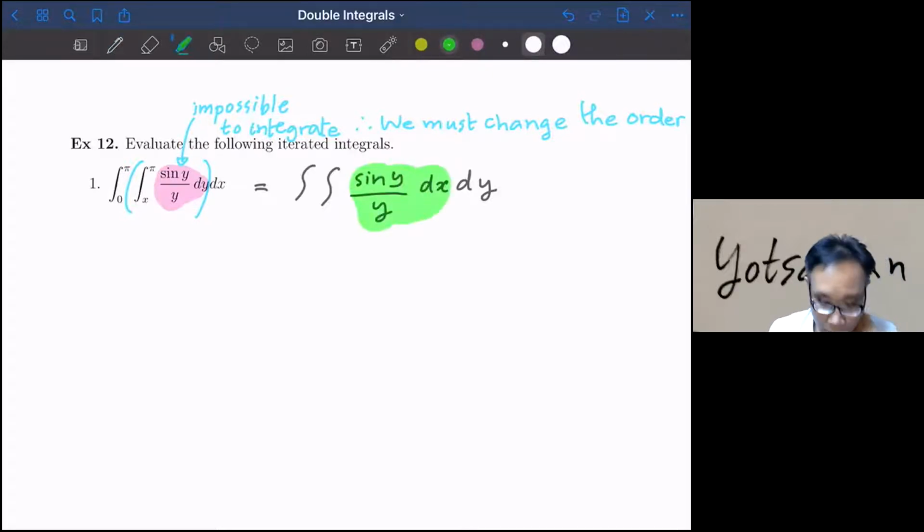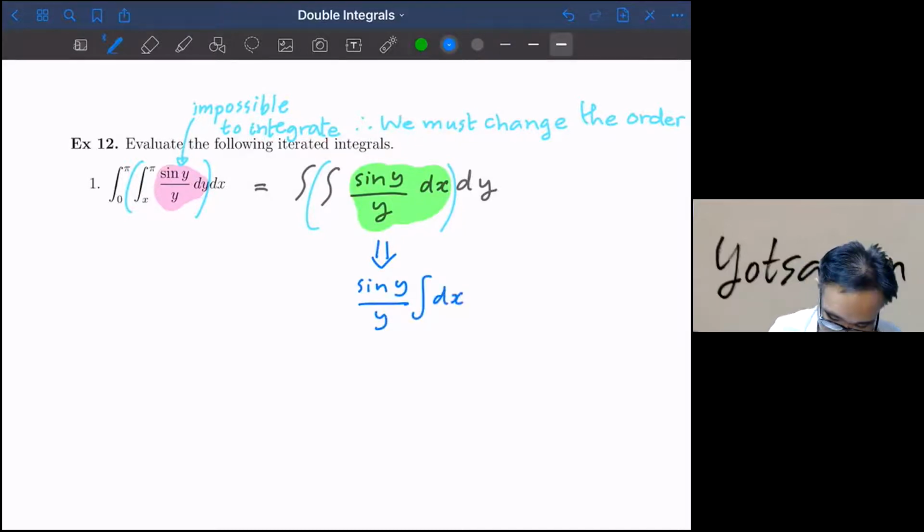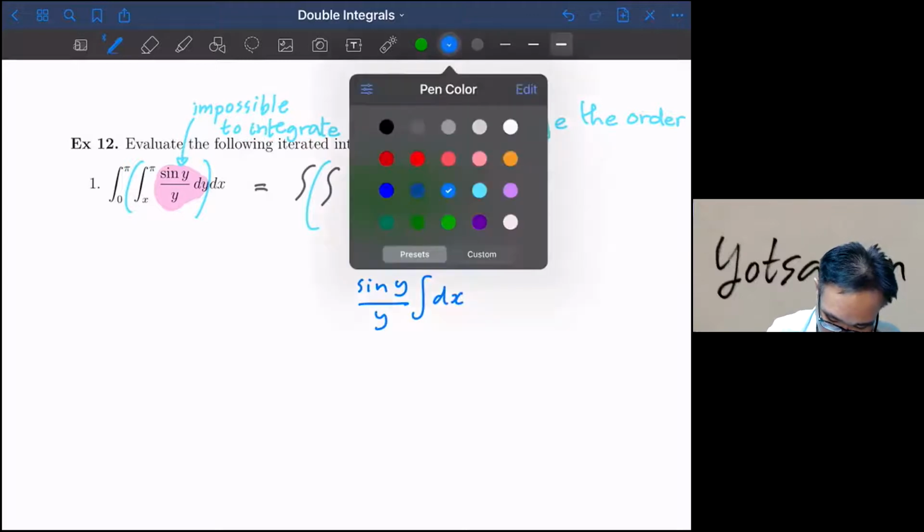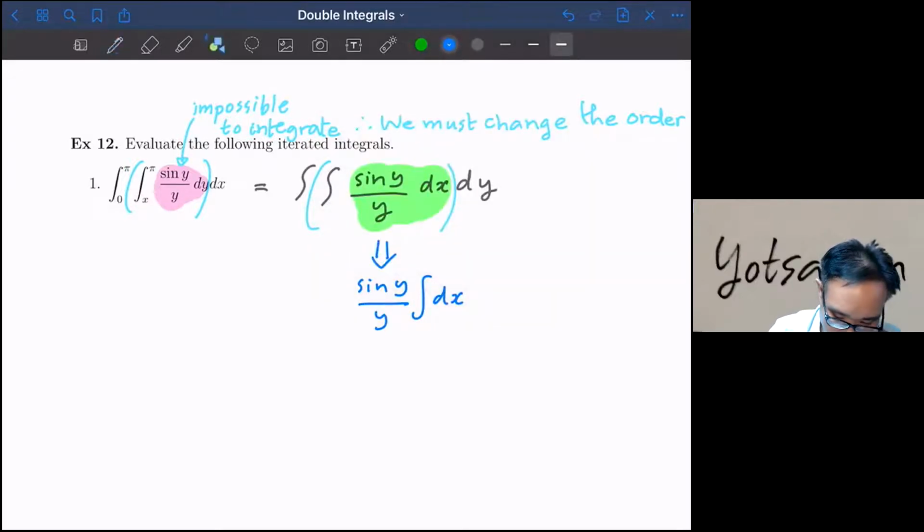It works fine because if you integrate the inside, it turns out to be just sine y over y integrated with respect to dx. So this term becomes a constant, and it can be done quite easily.